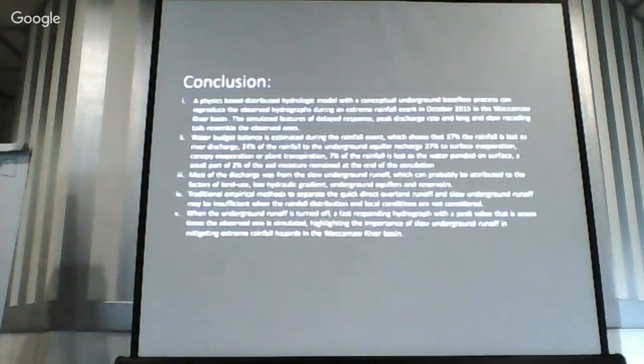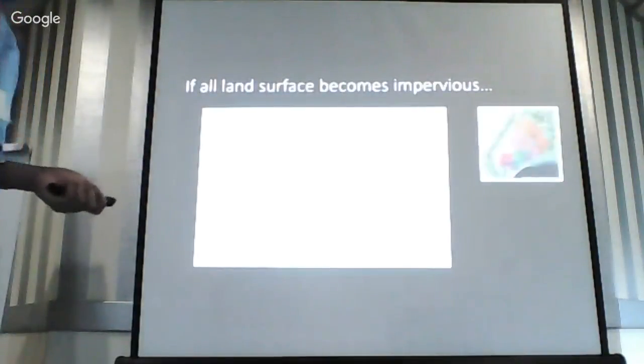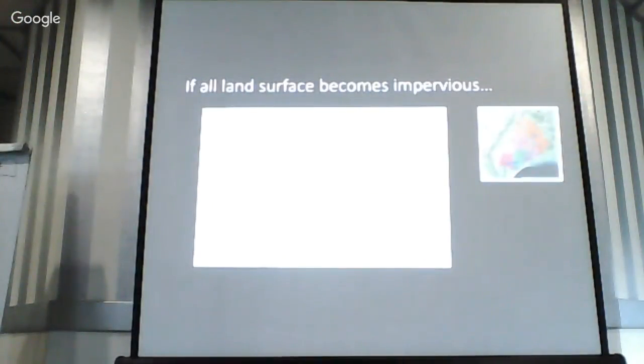Okay, any questions? So it's an interesting result. I don't remember if you said it. Was this event preceded by a very dry period where soil moisture storage became very depleted? It seems like you could have a very specific threshold-based behavior if your soils did become saturated and therefore couldn't take up this water.